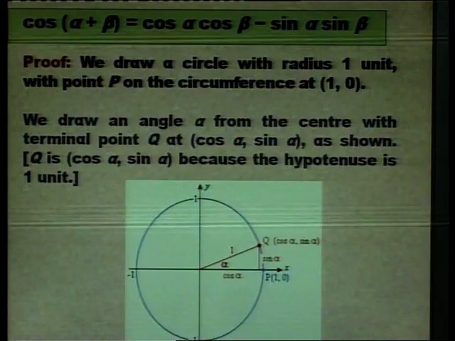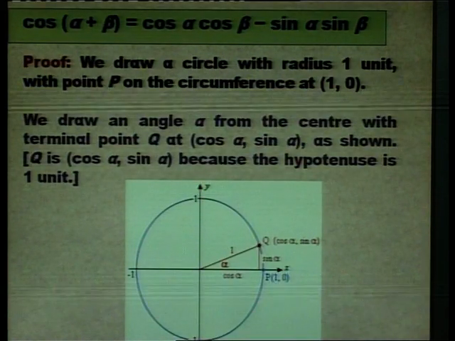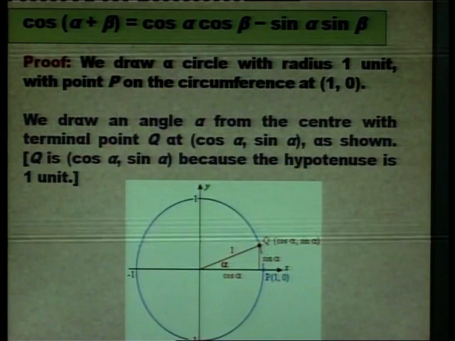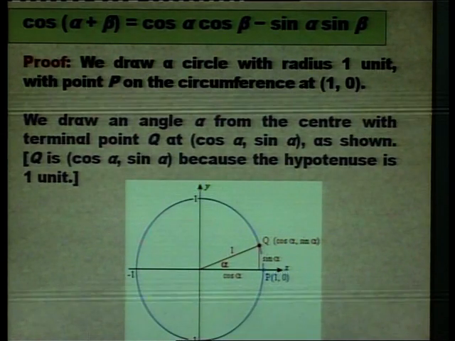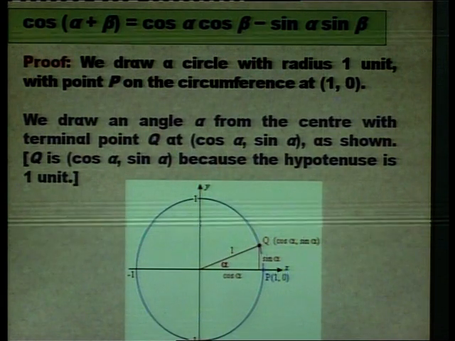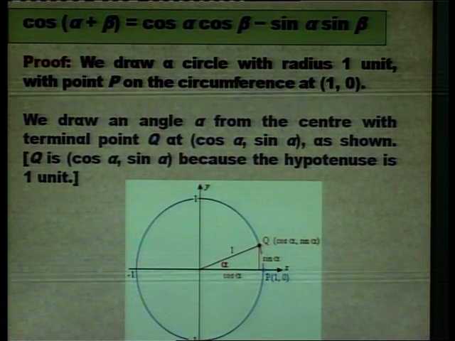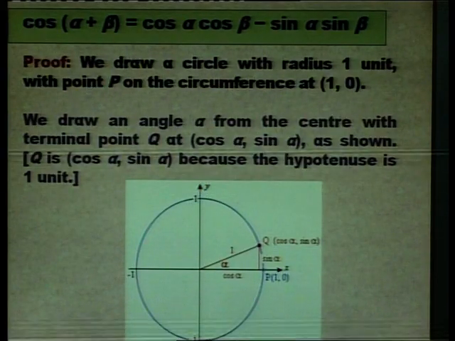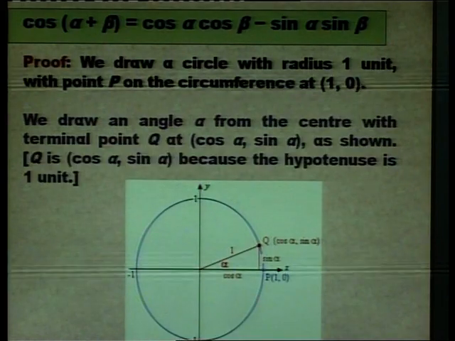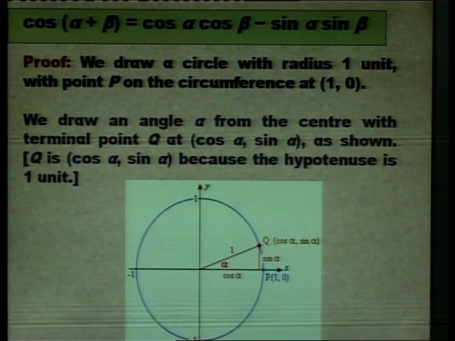This is a very simple geometrical proof. Let me draw a circle with radius 1 unit whose point P, that is mentioned over here in blue color, is the point (1, 0), because I am considering the circle of unit radius.